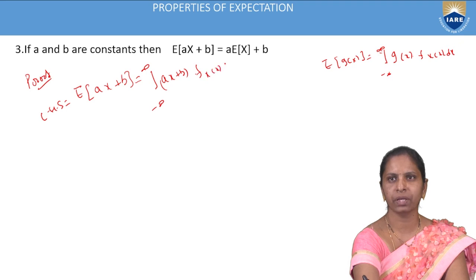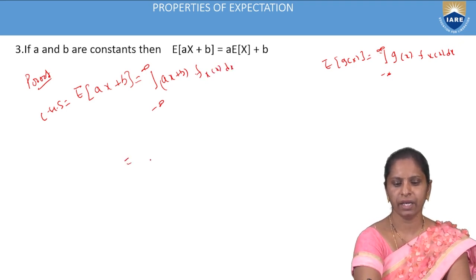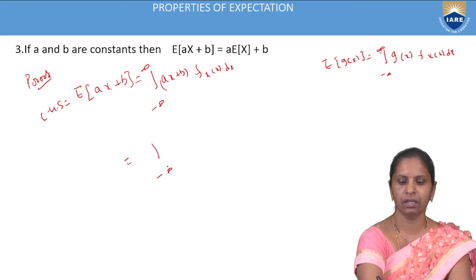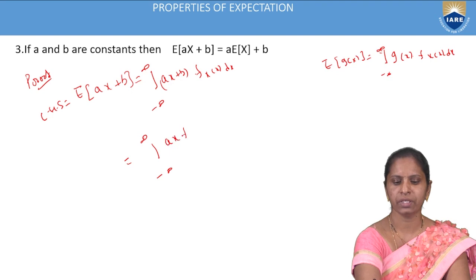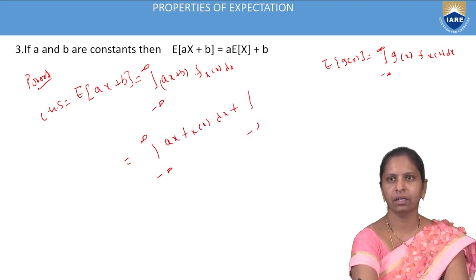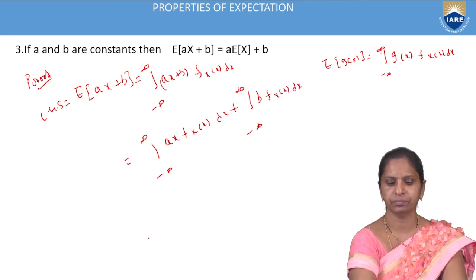That equals the integration from minus infinity to infinity of ax f of x dx plus the integration from minus infinity to infinity of b into f of x dx.